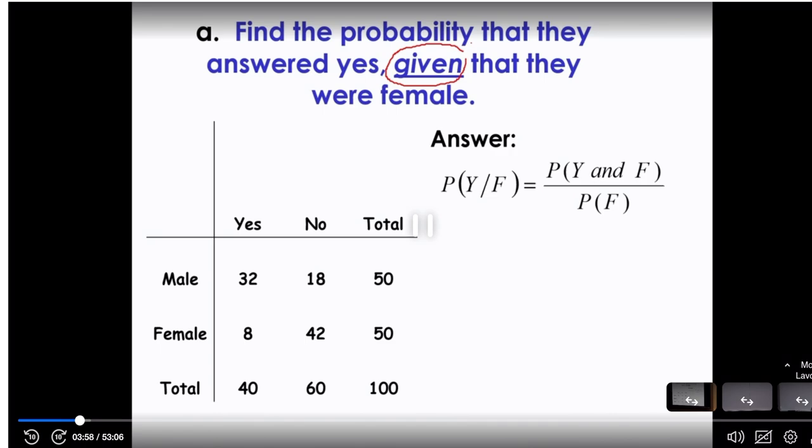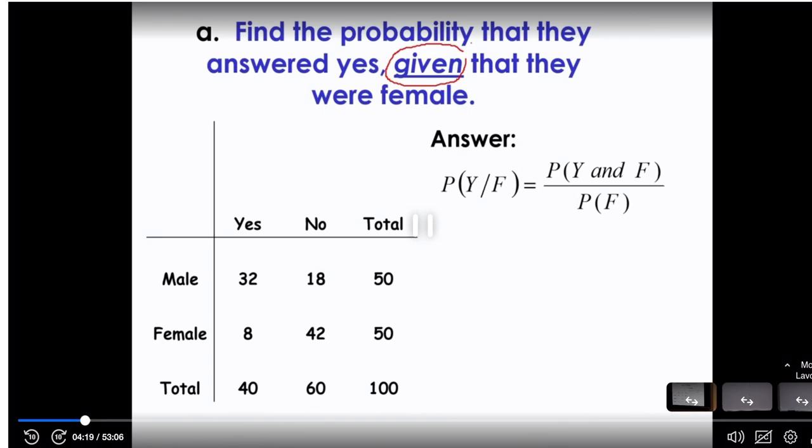So conditional probability, we want to figure out the probability of an event given that a particular event has occurred. So what we want to find here is the probability that the answer is yes, given that they were female.